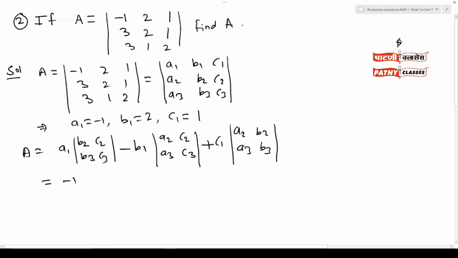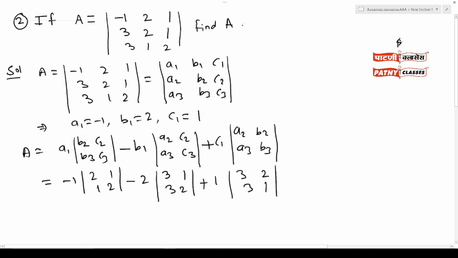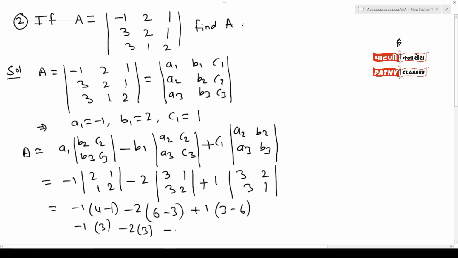That equals minus 1 times (4 minus 1) minus 2 times (6 minus 3) plus 1 times (3 minus 6), which is minus 3, minus 6, minus 3, equals minus 12.